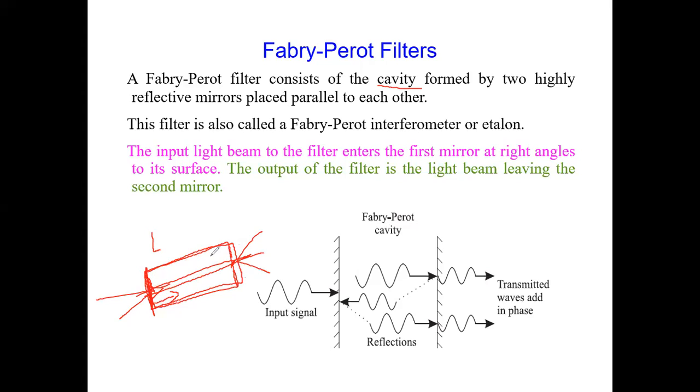Why? Because I don't want light to come out from this side. So the light is reflected from here. It will turn back. It will come over here. It will reflect. It will come. Only the light from this particular slot will come out. Here also the light which is striking the mirror will again reflect, come back, and reflect. So actually what happens is this creates resonance inside, oscillation inside, positive feedback is happening, so no signal is lost.